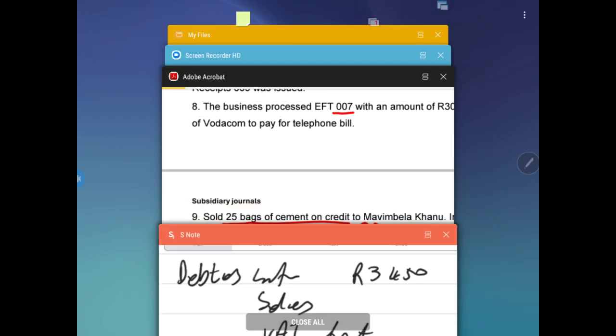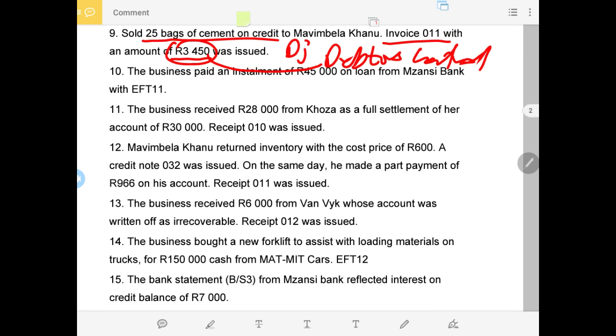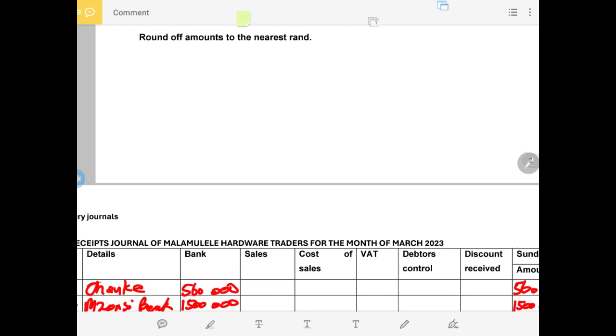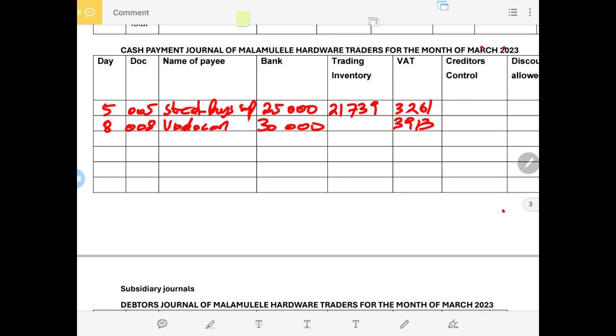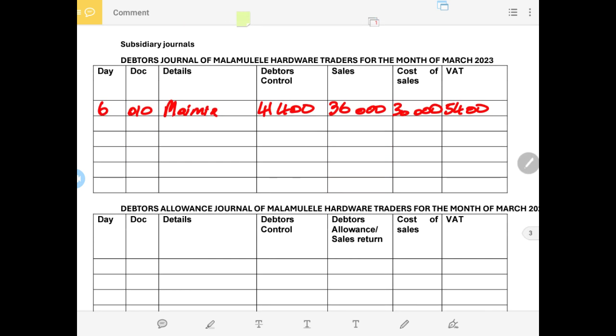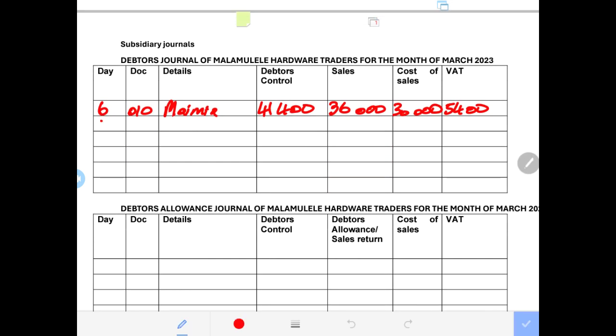Then we are recording under our debtors control because we sold on credit, and each of these has its respective column. Debtors control, this is transaction number 9. It was 00011, if I remember well, but I'll also verify.